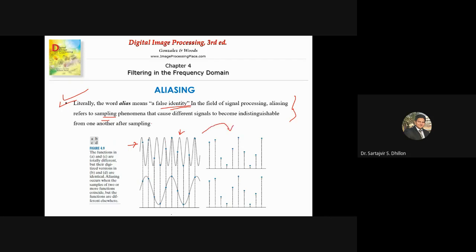And in the bottom figure there is a low frequency signal, and this is its corresponding sample form. Here you can see that the sample forms given by these two different frequency signals are the same. So there is a problem of aliasing.